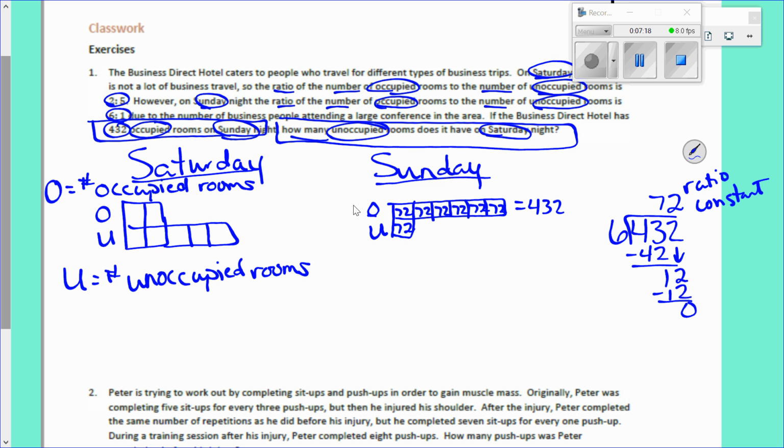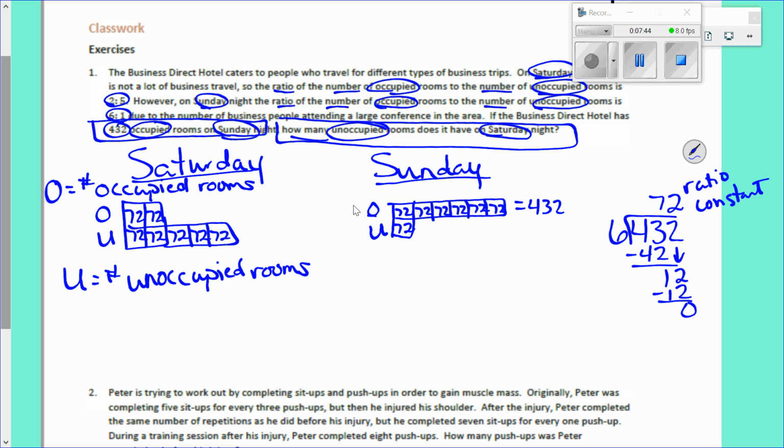After I have 6 and 1, that's a total of 7 boxes. So did my numbers change at all? No, I have the same number of boxes and the same number of rooms. So what that allows me to do is, because nothing changed, I can actually also write my ratio constant on Saturday, because nothing changed. So that means my ratio constant here is also 72.